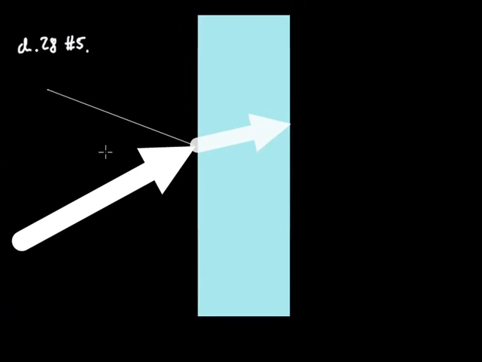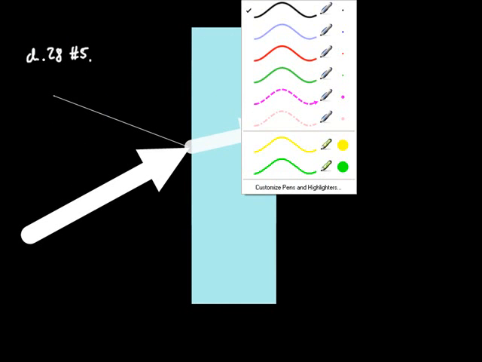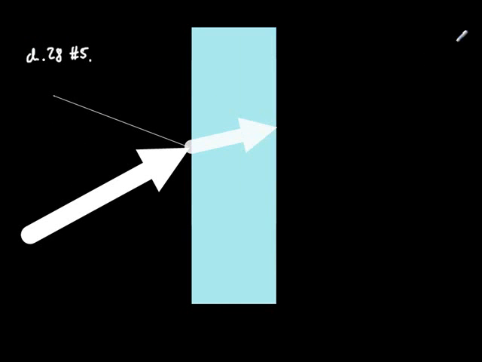There we go. And we could say that that one is 4%, and then 96% is transmitted.